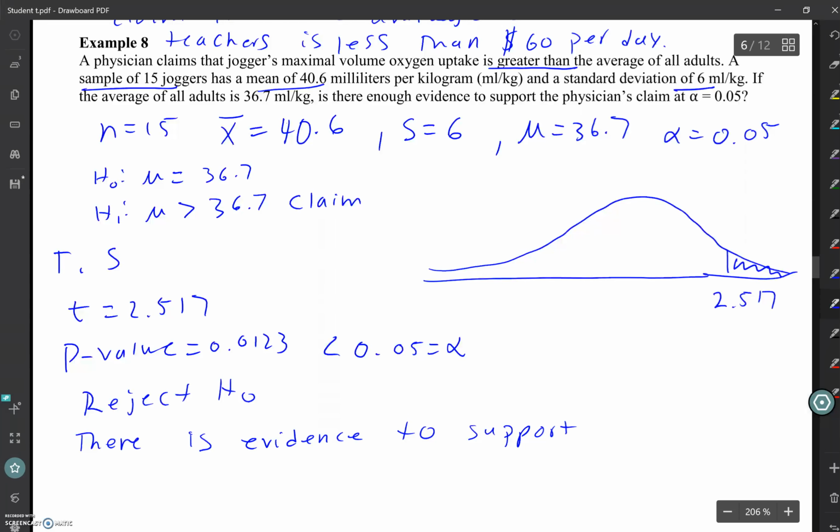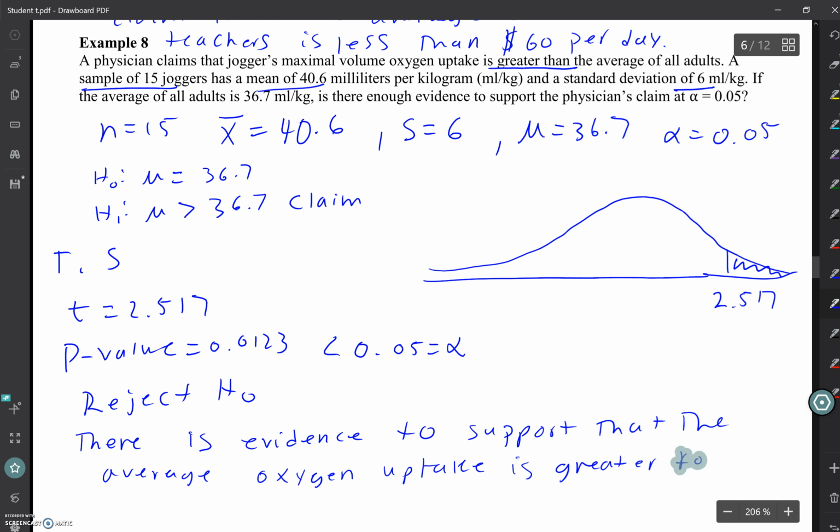So we're going to support the claim that the average oxygen uptake is greater than 36.7 for joggers.